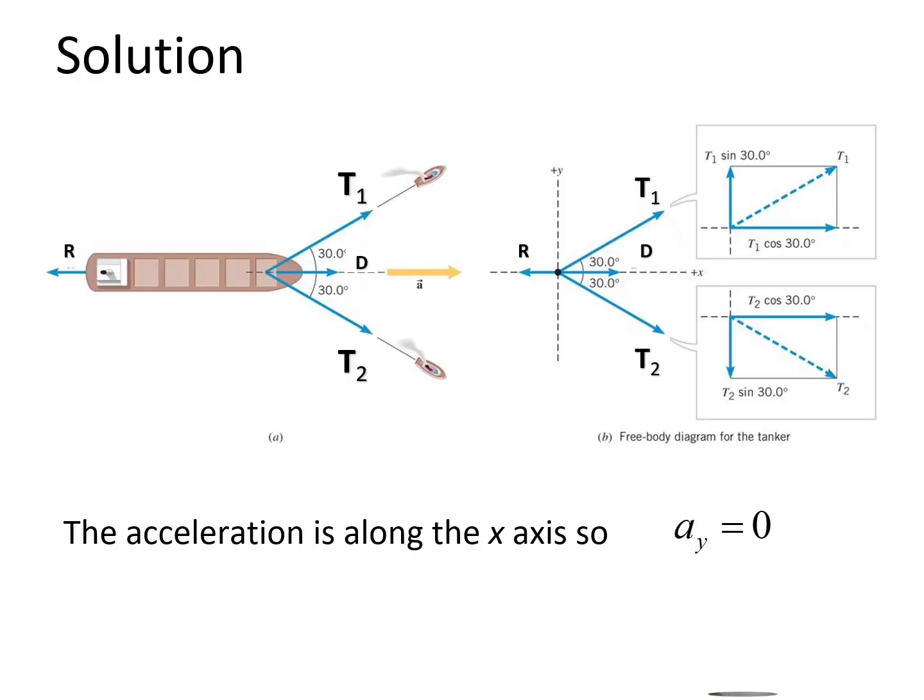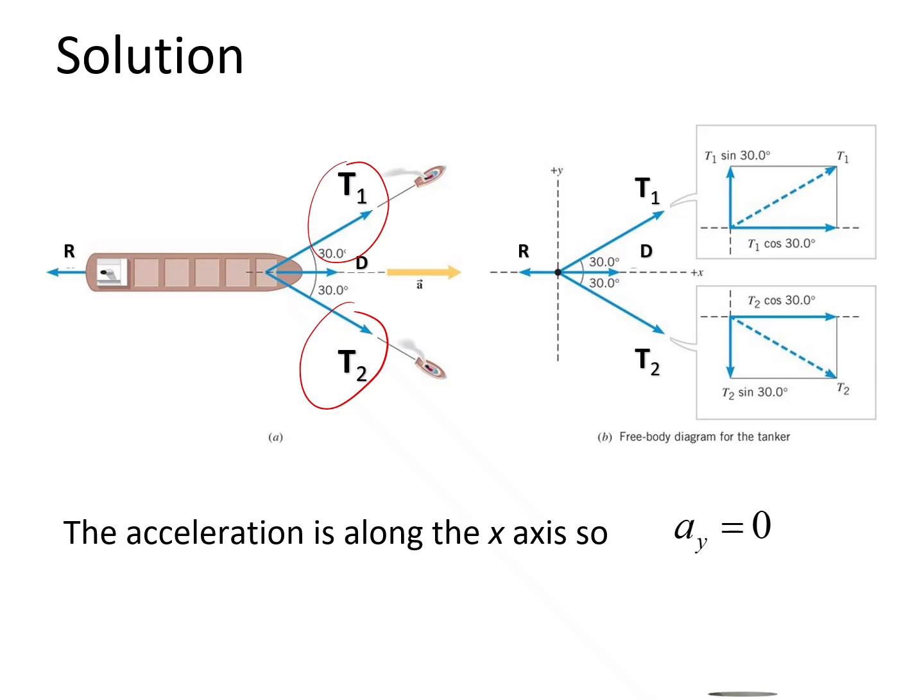Now we draw the force diagram for the tanker. The tanker experiences two tension forces from the towing cables. T1 pulls forward and upward at 30 degrees above the tanker's axis. T2 pulls forward and downward at 30 degrees below the tanker's axis.